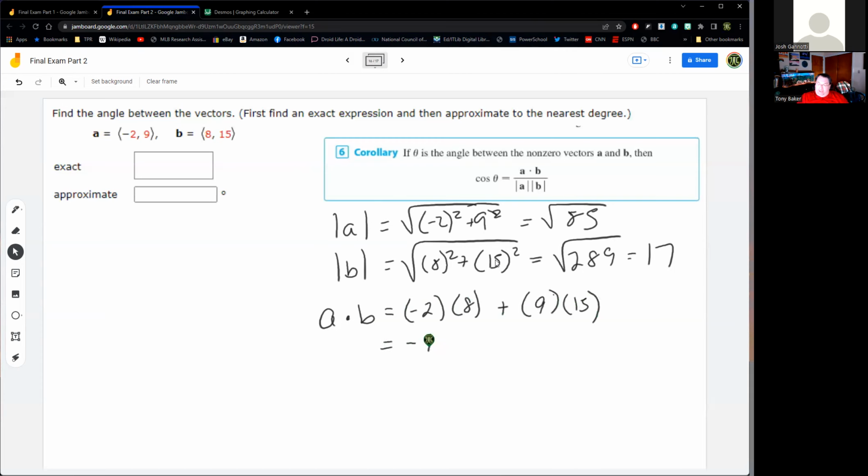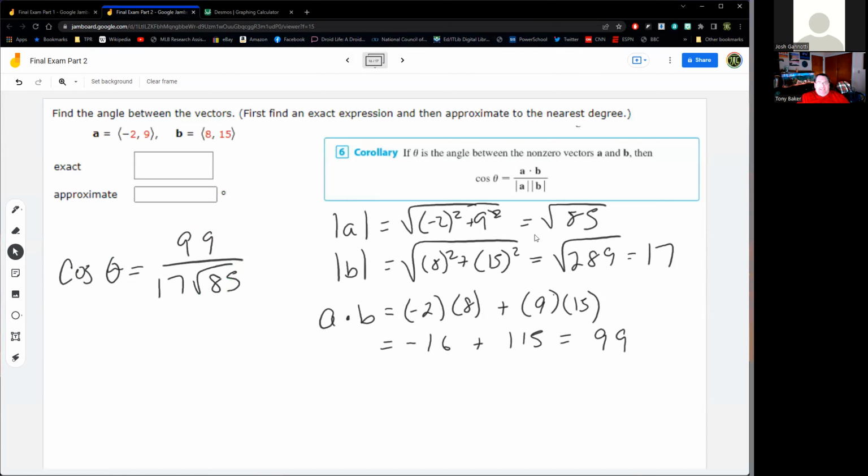So I got -16 plus 115 equals 99. So the cosine of theta equals 99 over 17 square root of 85.